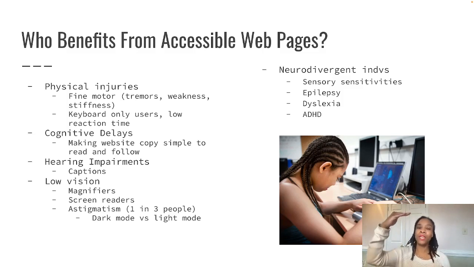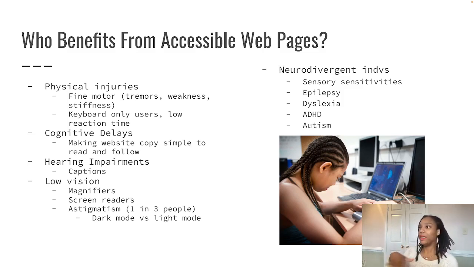So maybe making sure that we have our headers correctly done, we have our sections clearly stated, and we have everything in small bullet points or chunks and easy to read. And then we also have autism, and any of those things can kind of fall into autism, especially sensory sensitivities and making sure things on the page are just not overwhelming.